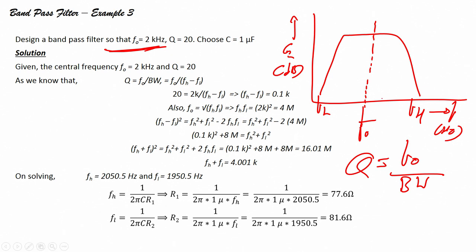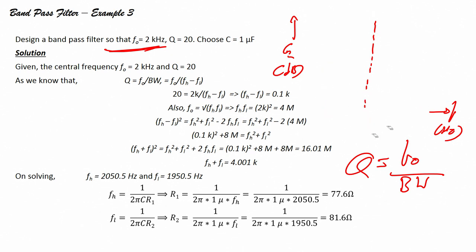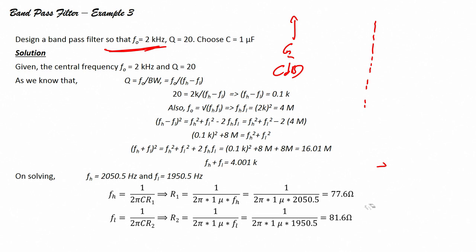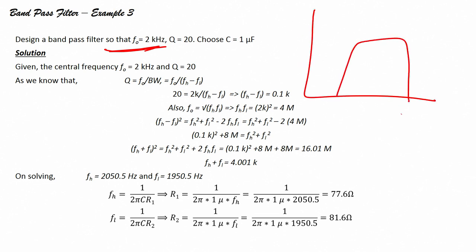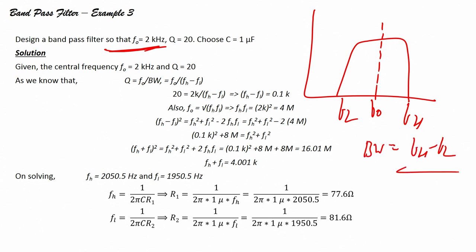Bandwidth is nothing but the higher frequency minus the lower frequency, FH minus FL, so the term is positive. So, we have written Q equals FO divided by bandwidth.